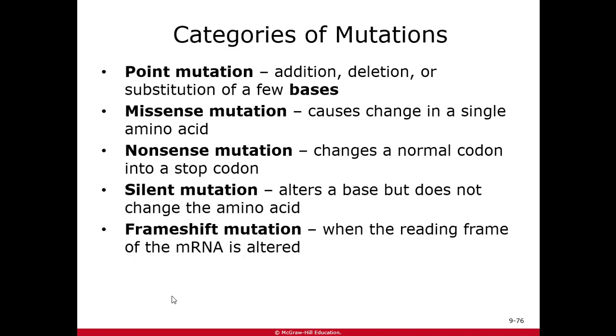A nonsense mutation changes a normal codon, a 3-letter sequence, into a stop codon. That's never good. A silent mutation alters a base, but doesn't actually change the amino acid. And then a frame shift mutation is usually when you add an extra base or delete a base. That's going to change all of the codons. If all of a sudden you add one letter, it shifts everything over, hence frame shift.